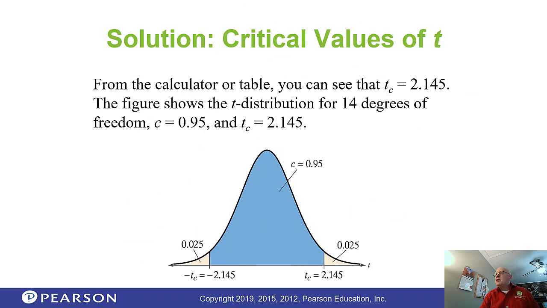Now this is a T distribution, and although this looks like a regular standard normal curve, if you used a microscope, you could tell that in the tails, it's not quite as close to this horizontal axis as the standard normal was. That's why it's a T distribution instead of a Z distribution.